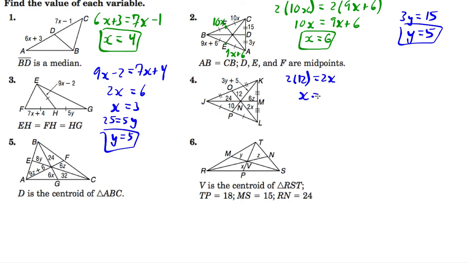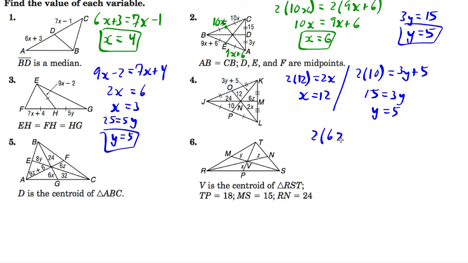So x is equal to 12. We know that 2 times 10 is equal to 3y plus 5. So that's 20, so 15 is equal to 3y, so y is equal to 5. And we also know that 2 times 6z is equal to 24, so z is equal to 2.